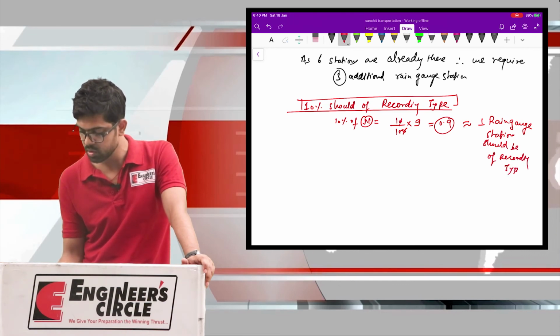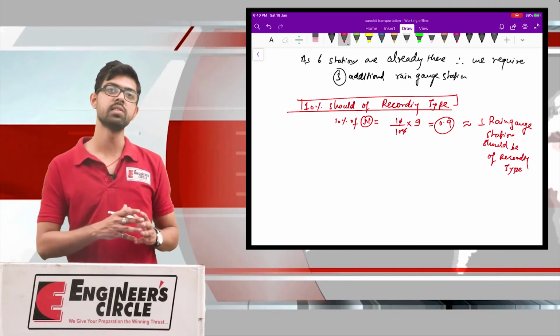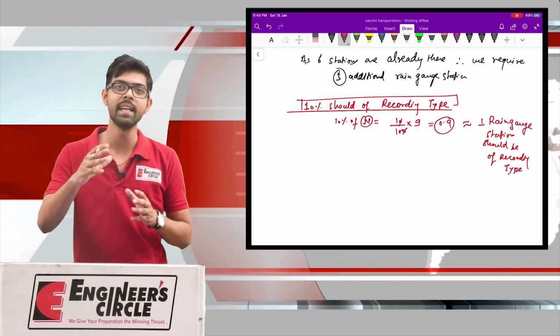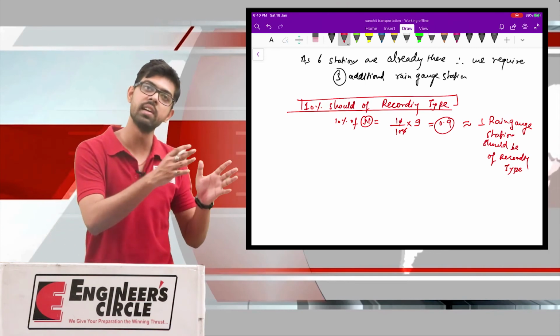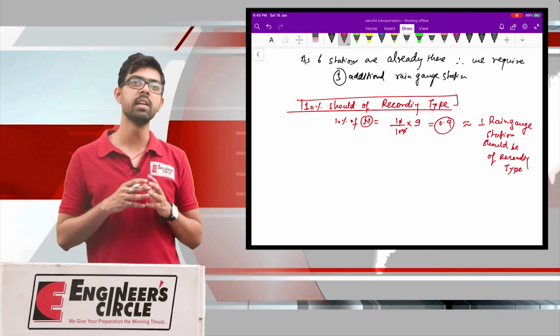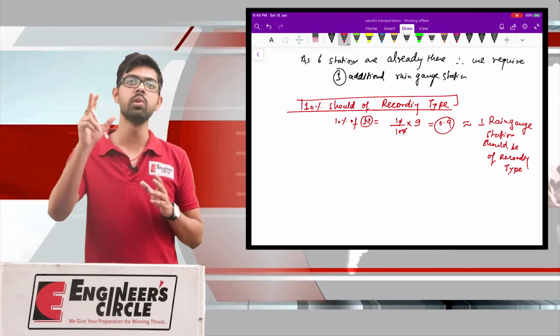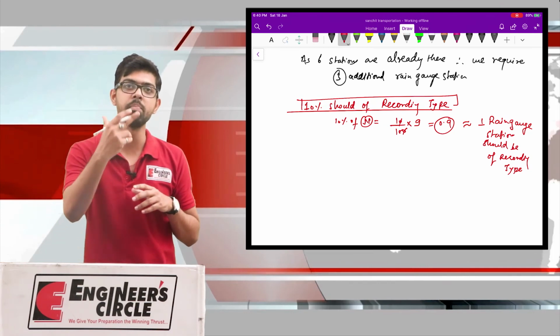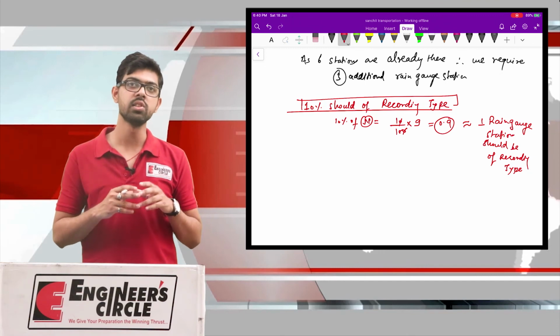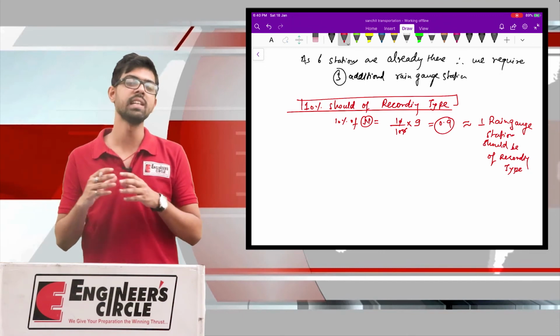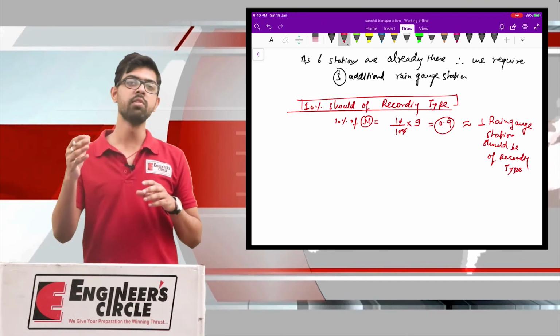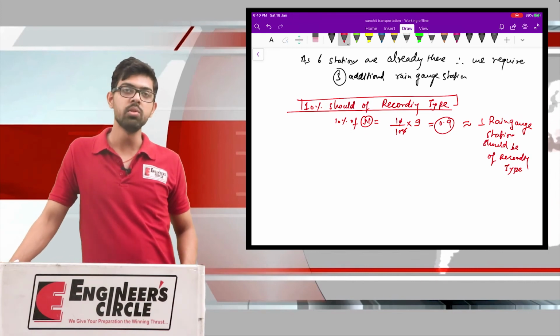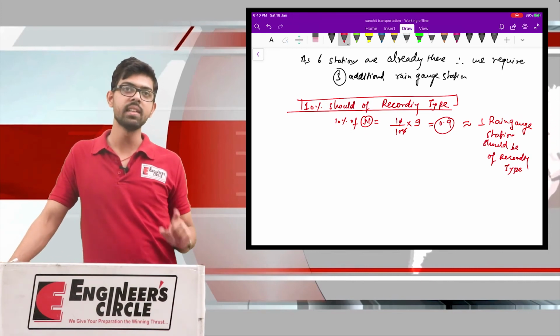So the total optimum number of rain gauge stations required is 9, and out of 9, 6 are already provided. So the additional you need to provide is 3. So 6 plus 3 equals 9 total rain gauge stations, and 10% of these should be of recording type. 10% of 9 comes out to be 0.9, rounding off to the integer value, I am getting 1.